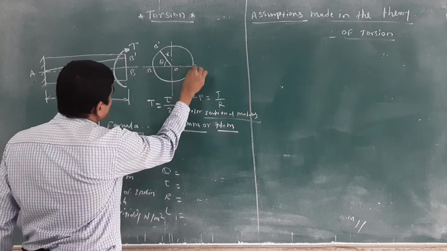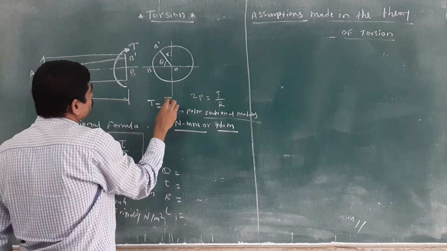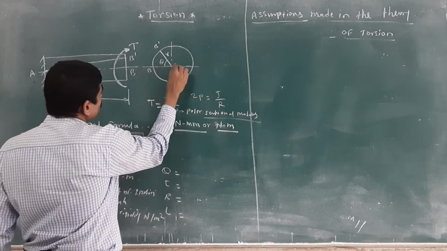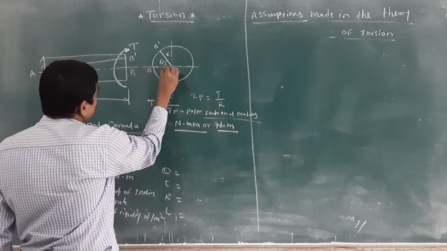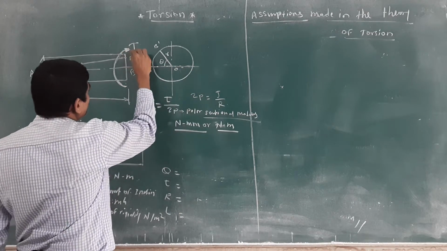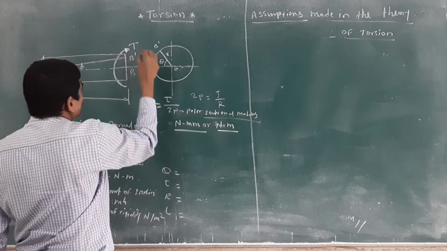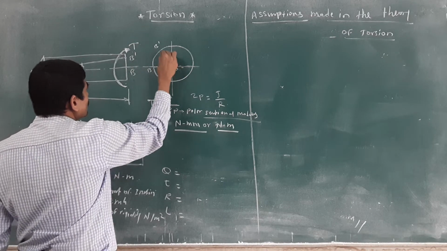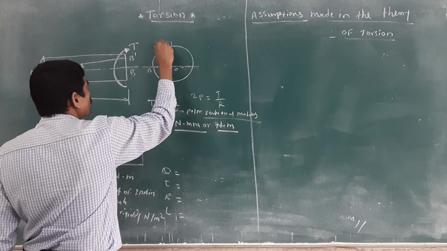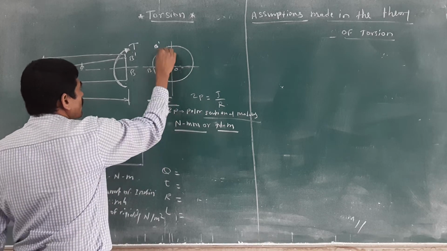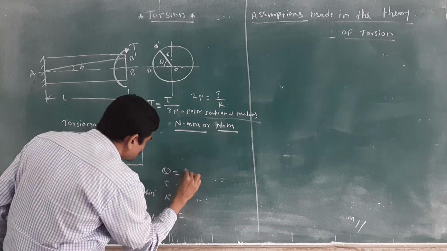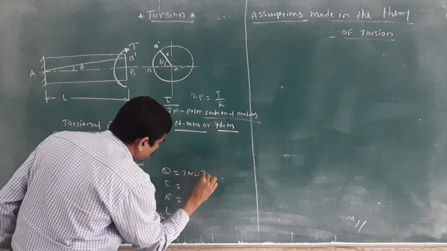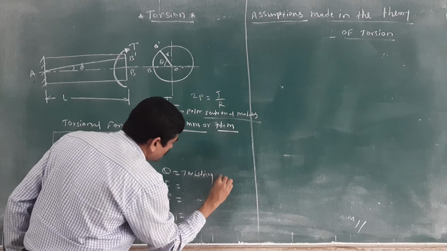See, I have shown here the cross section of this shaft. Here AB is the longitudinal axis. Check that when you apply some torque, or couple, then B will shift, and you will get B dash. This angle is called theta, the twisting angle.